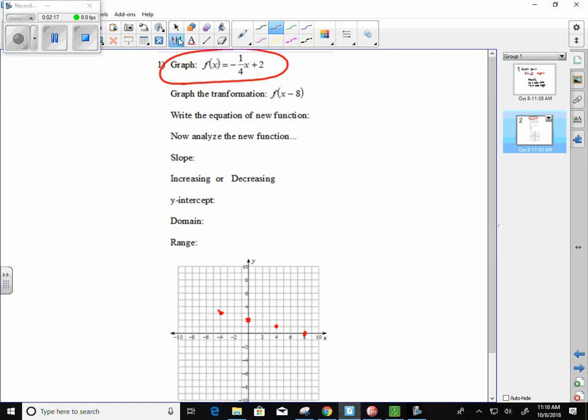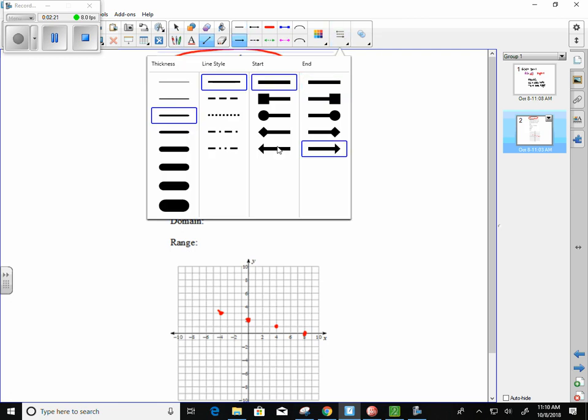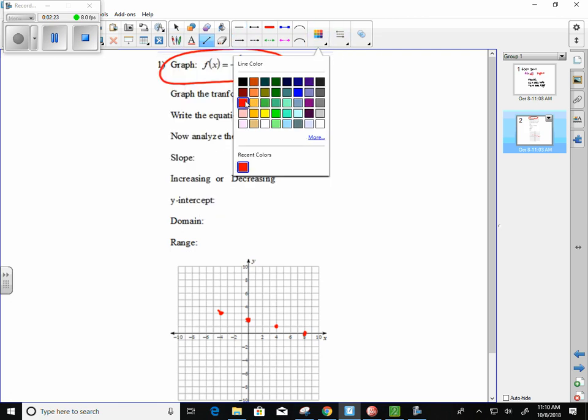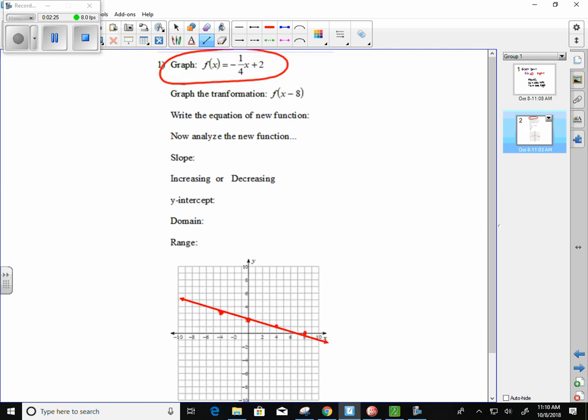Get a good line drawn up there for you. There's my original graph. Now, what the worksheet wants me to do from here, and this is exactly what you'll be doing on your own, is it wants me to graph this transformation right here.